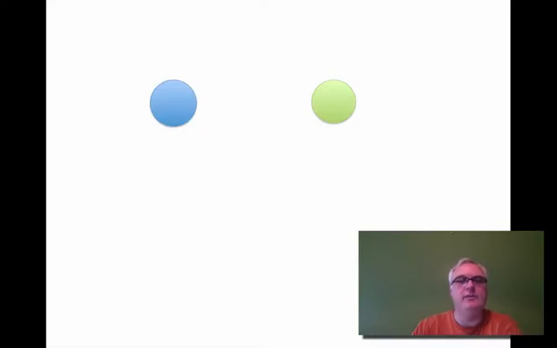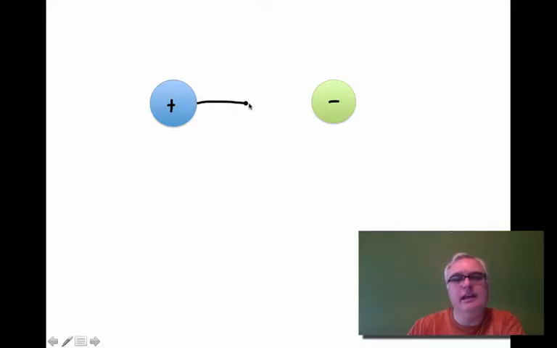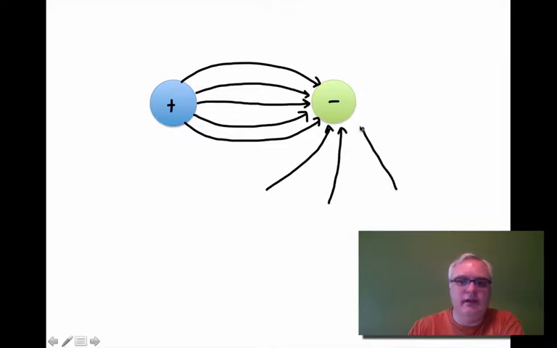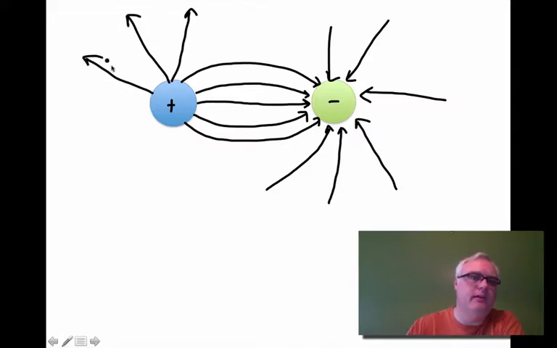Things get more complicated when I have two charges. Here's a positive and a negative charge. Obviously, between them, the electric field points in this direction. But it will start to curve as you get further away from that center line, and it'll get more exaggerated, and the electric field will look something like this.